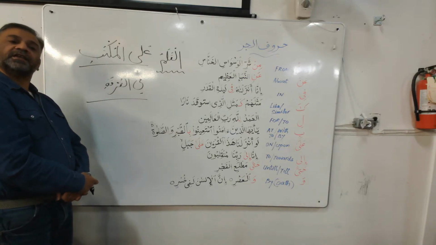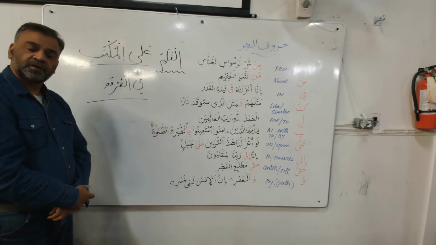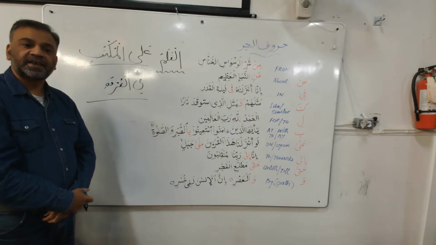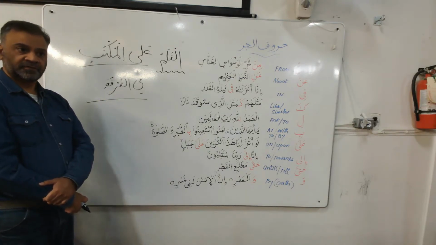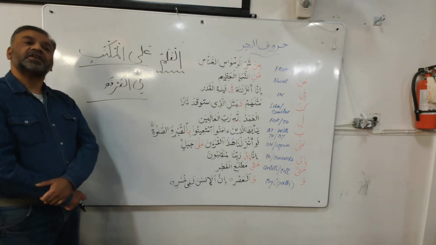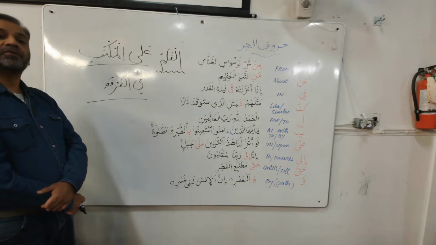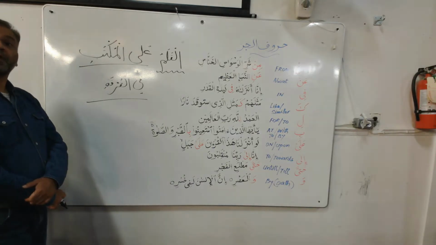I think in class number 2, I mentioned that a jumla ismiya, or nominal sentence, has 5 types of khabars, correct? And in lesson number 1 and 2, we learned about the first type, which was al-mufrid. What is al-mufrid?